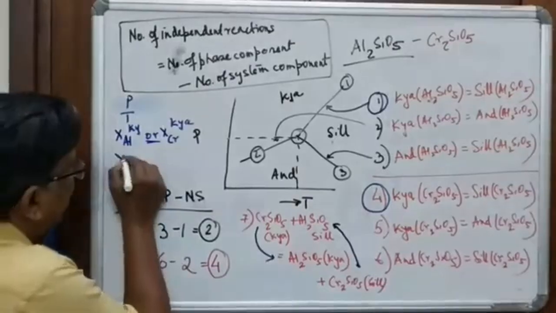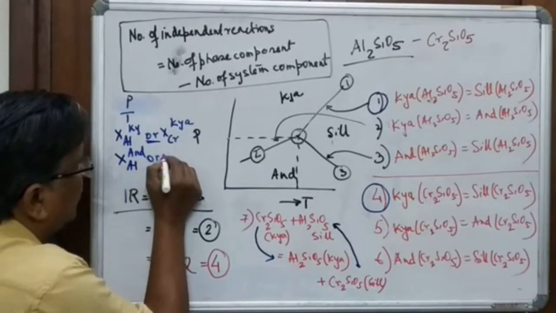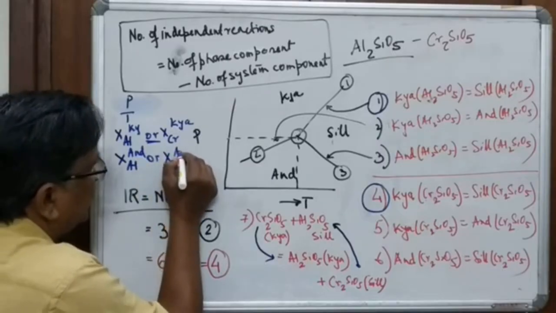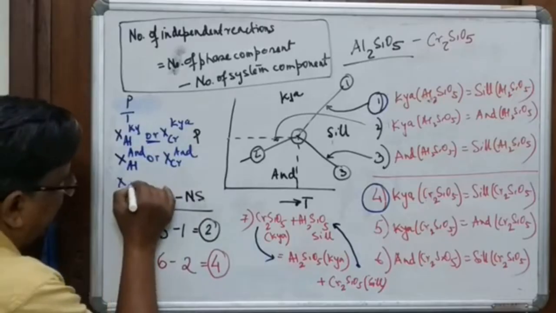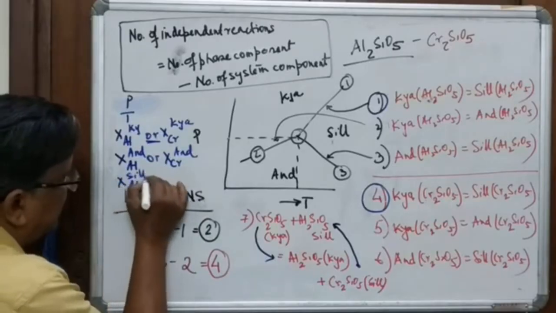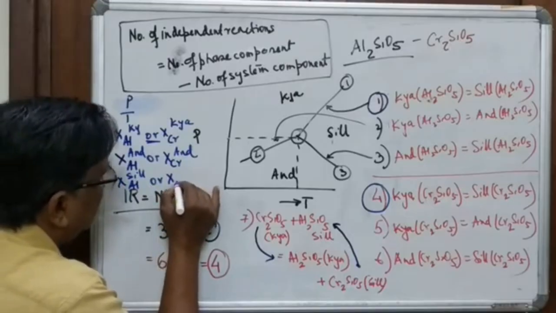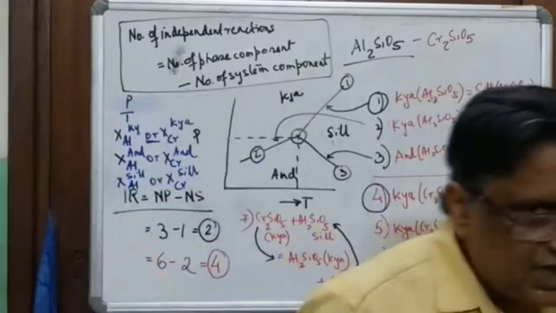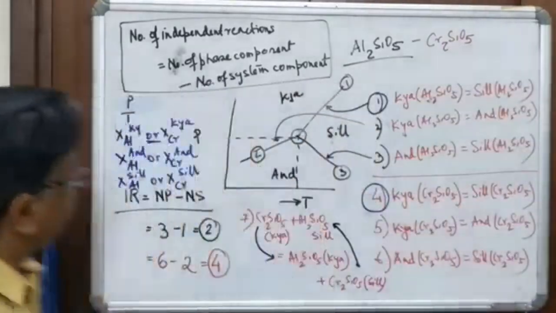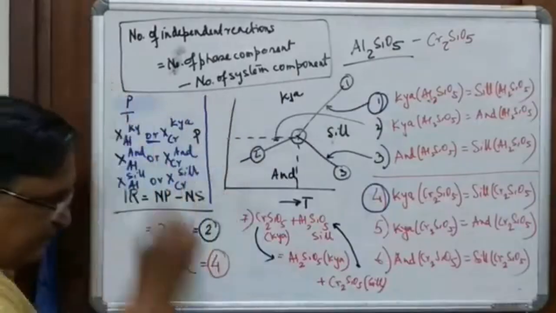Then X Al andalusite or X chromium andalusite. X Al sillimanite or X chromium sillimanite. These are my variables. Pressure, temperature, 5 variables in all.